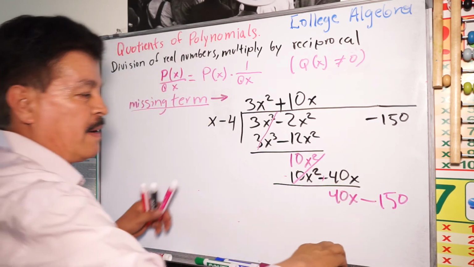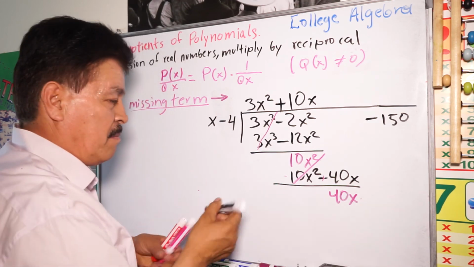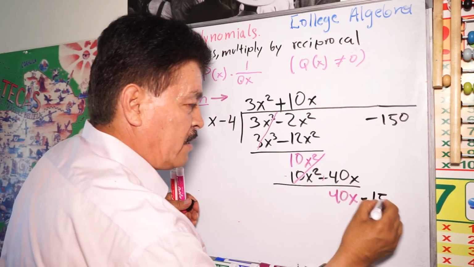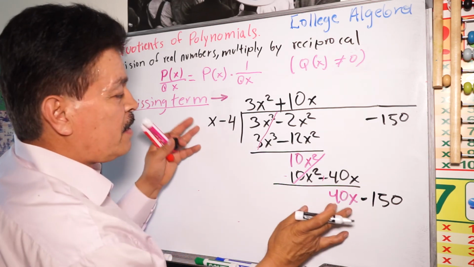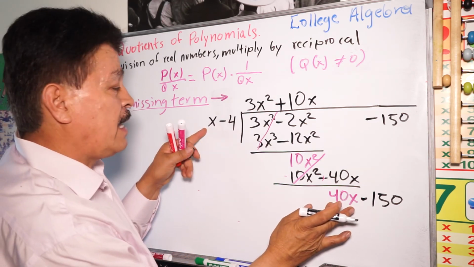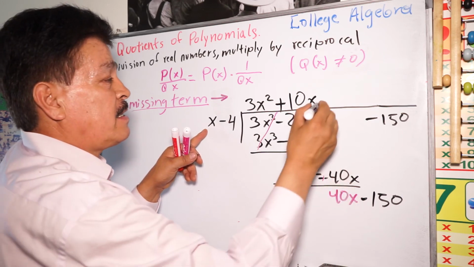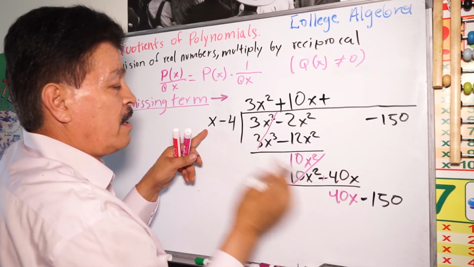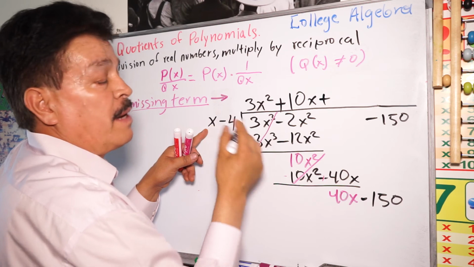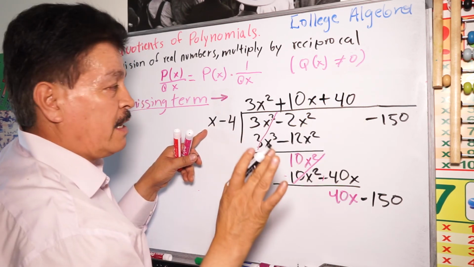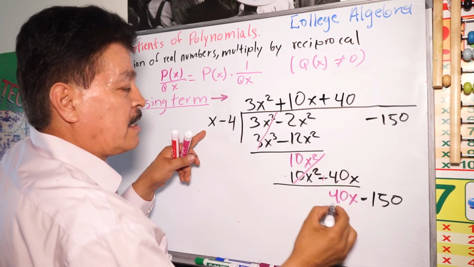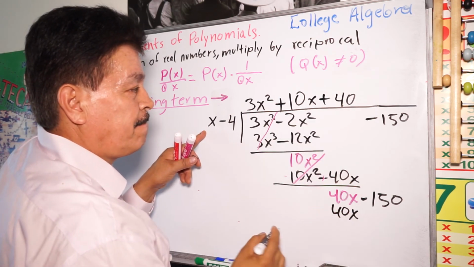You now have minus 150. Now divided by x, this 40x divided by x is 40. 40 only. So now multiply 40 by x is 40x.